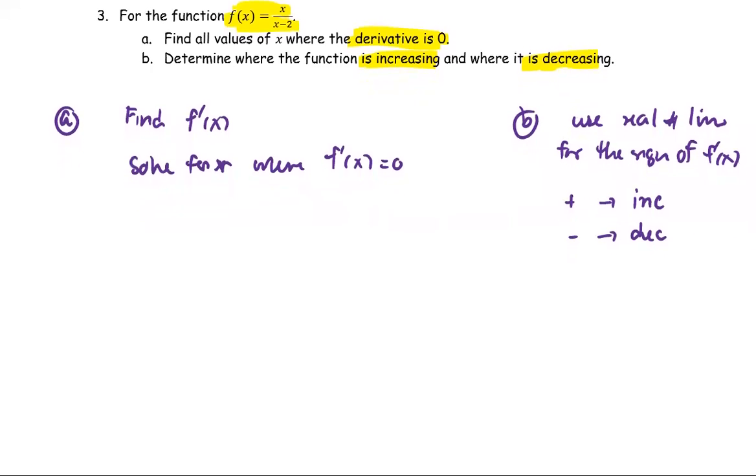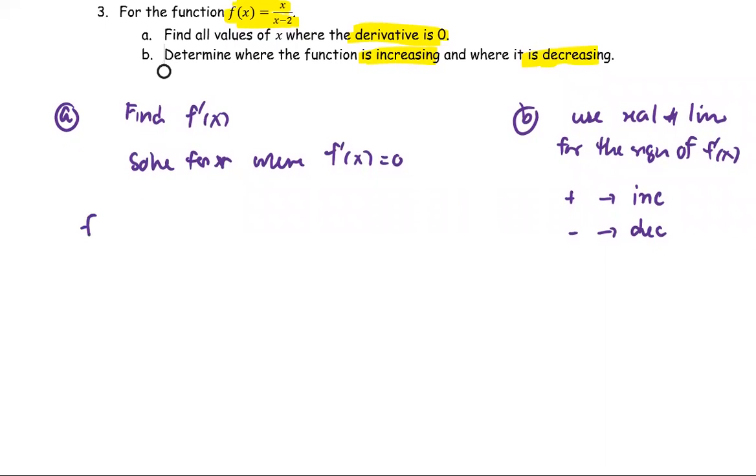So starting from part A, since the f of x is x over x minus 2, we're going to find f prime. Recall when you have the rational form or the quotient form, we're going to identify the top as the high expression and the bottom as the low expression.